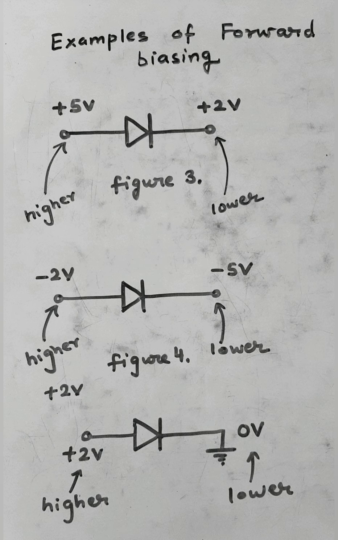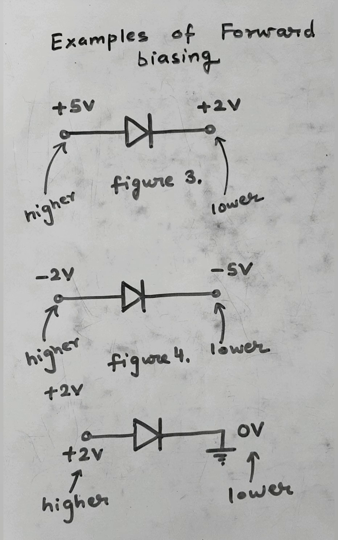So the triangle, which is the P side, is connected to plus 5 volt, which is higher potential, and the N side, which is the straight line, is connected to plus 2 volt. So this is another example of forward biasing. And in the next picture, figure number 4, again the triangle represents the P side, I'm telling you this again.